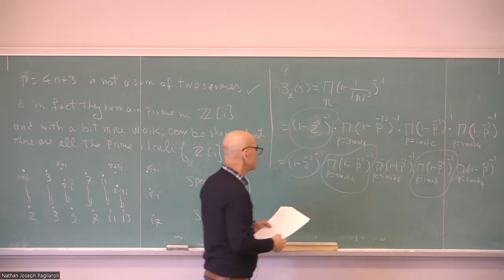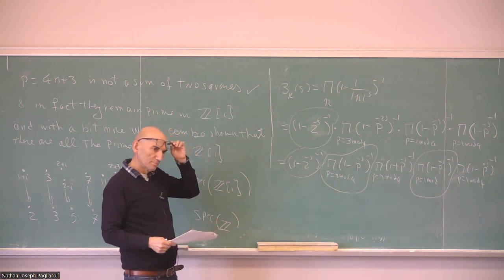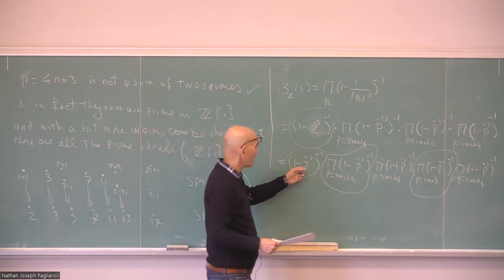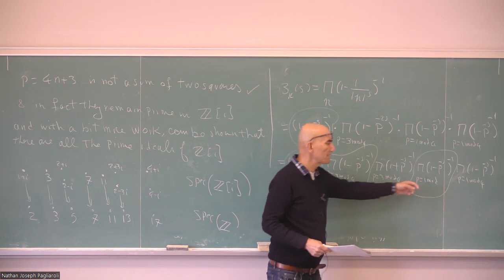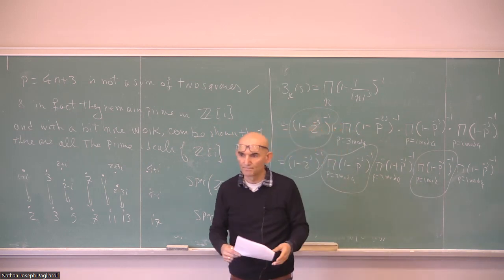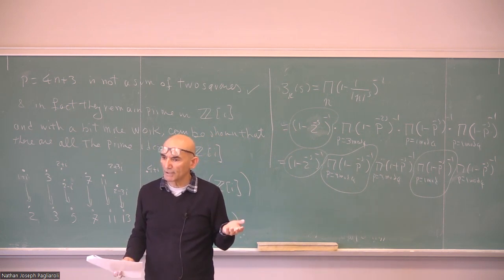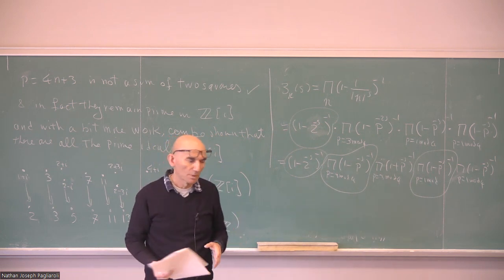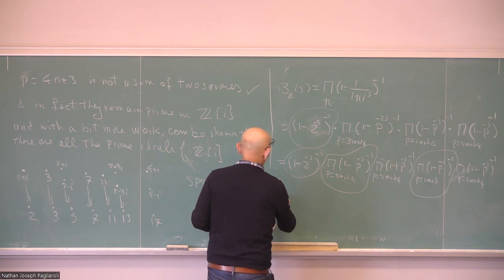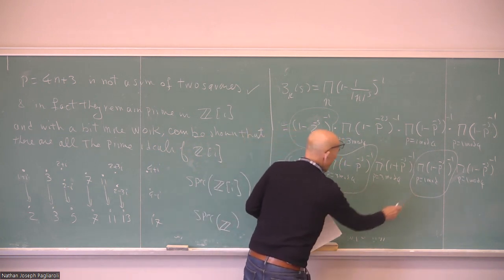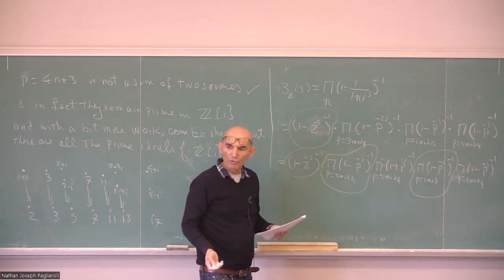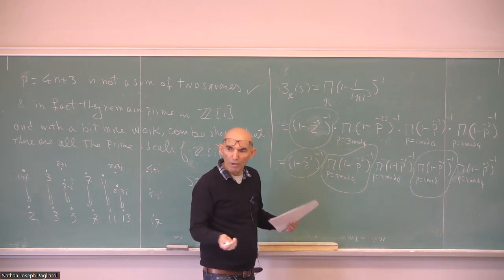What do you see here? If I multiply these factors with this factor, with this factor, what do you get? That's the Euler factorization of the Riemann zeta function. So this times that is the zeta function of Q actually, right?